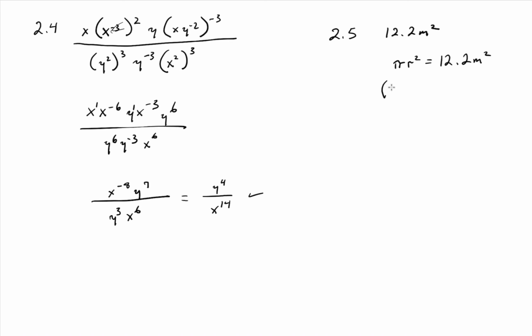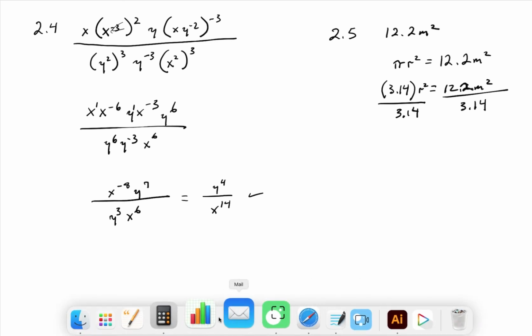So we take pi as a factor, and we're going to eliminate pi. We're going to divide both sides by pi, by the value of pi. Let me bring up my calculator so y'all can see me do it.